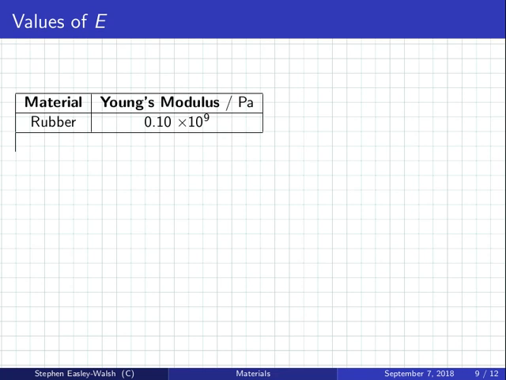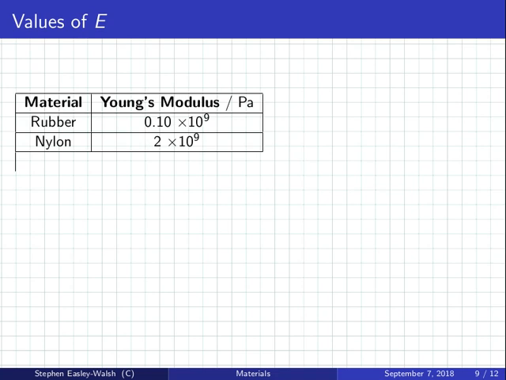Now, remember, this is a small value, even though it's 10 power 9. That's considered a small value. Okay, the next one, nylon. 2 times 10 power 9.